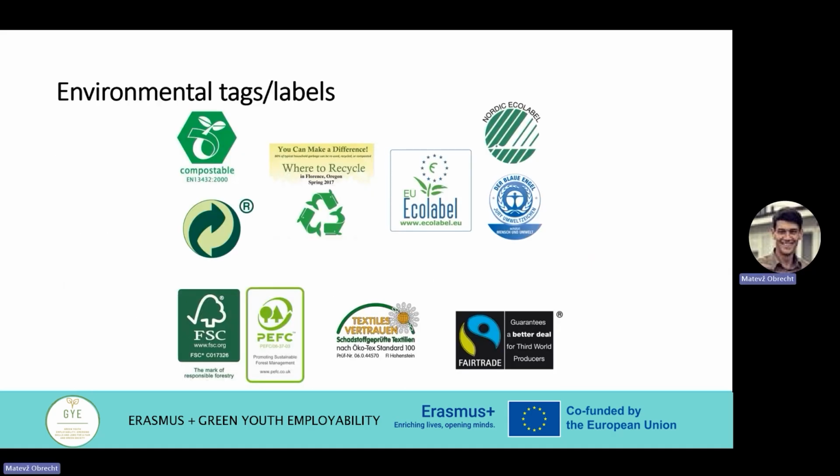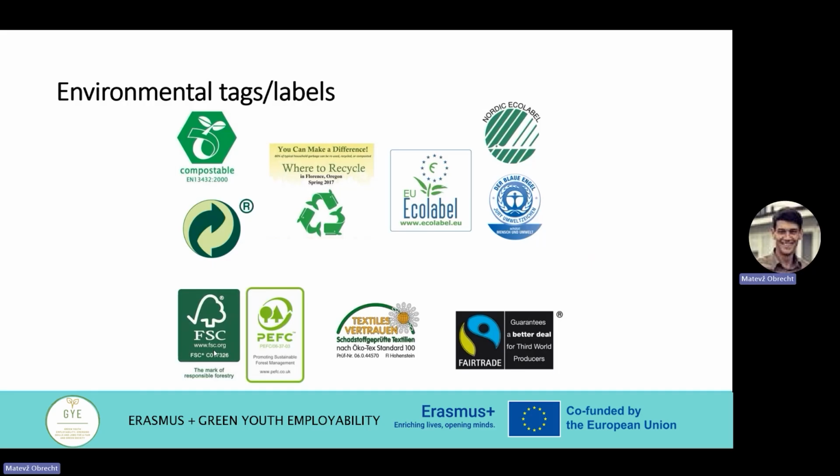We have a lot of environmental tags that are actually showing potential buyers that the product has been assessed somehow. So we have, for example, a tag like compostable. That means the product is created out of ingredients, out of materials which could be composted. We have FSC or PEFC, for example, Forest Stewardship Council.